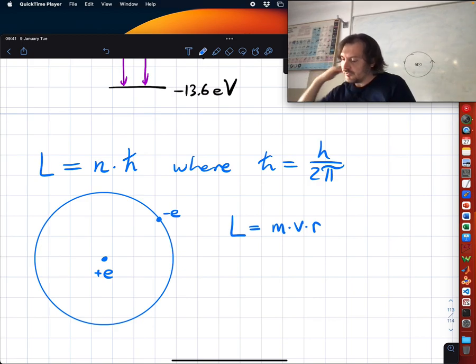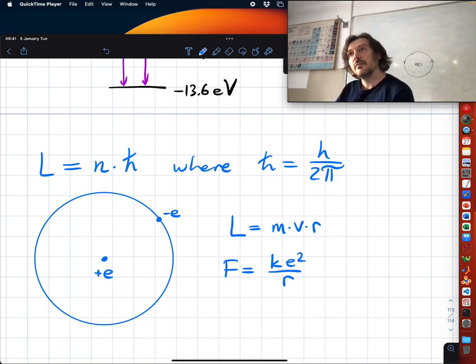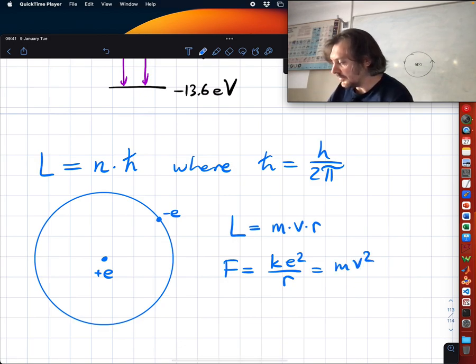So what is the energy of this system? Let's do it all the way. What is the force? k e squared over r squared. Do you agree with that? It must be equal to m v squared over r.